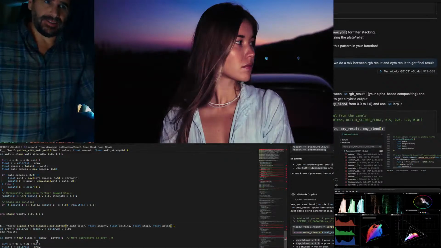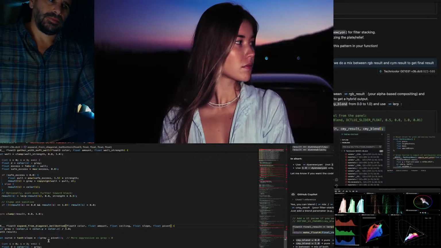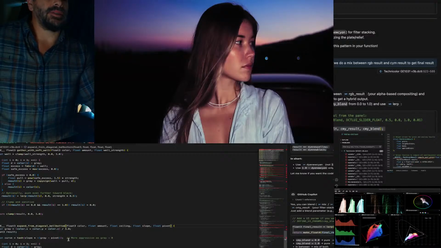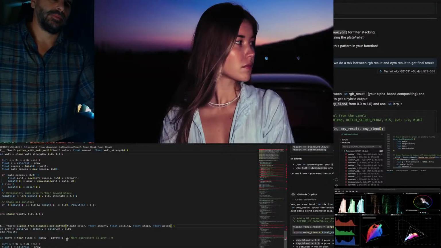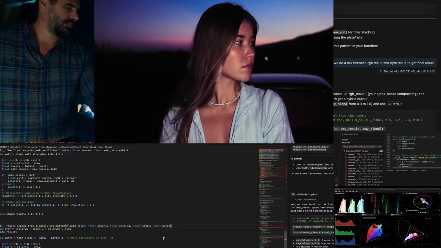Just the gray values divided by gray, 10 slope. Slope pivot. Yeah, that does make sense.